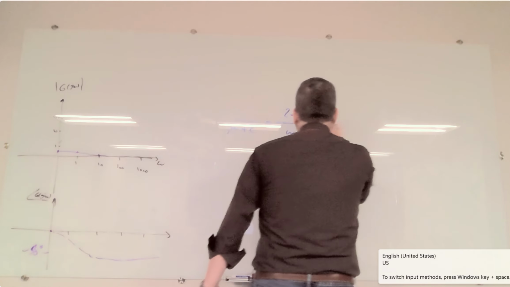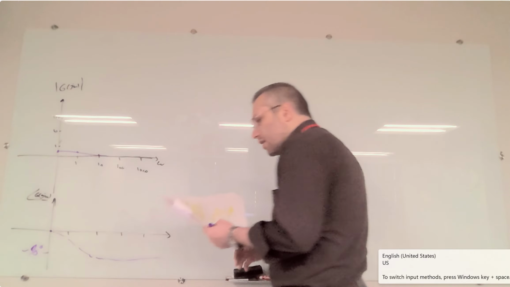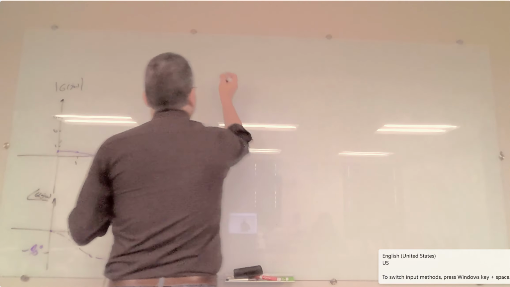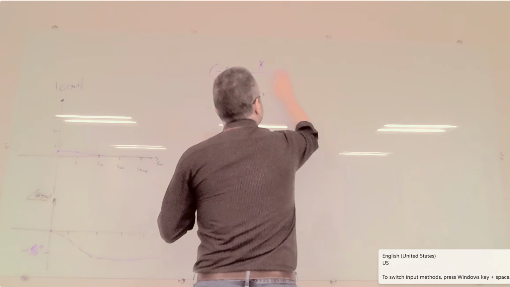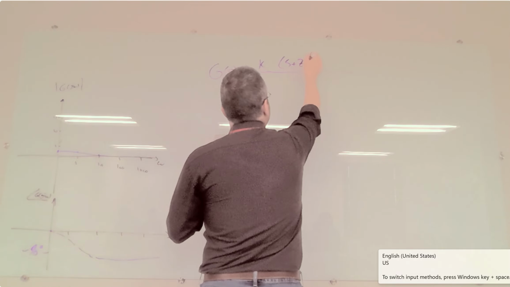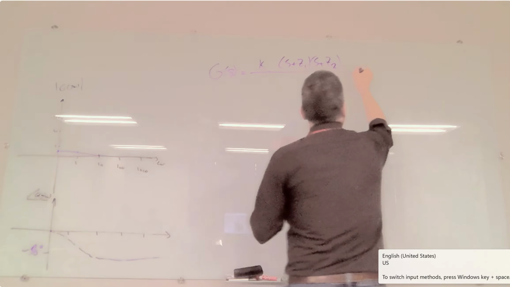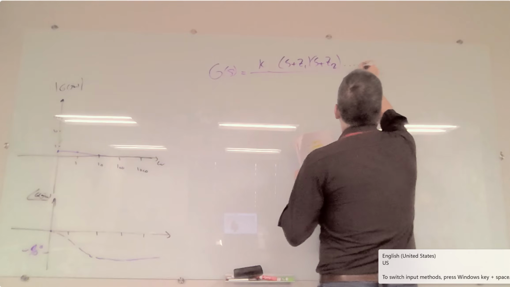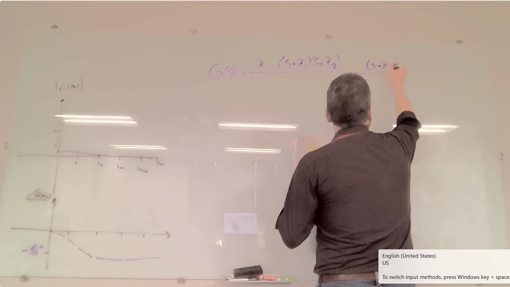The logarithmic one makes things a lot easier. Let's say we have a complex transfer function. Generally, G of s is: I have a K, I have a zero here, another zero, z2, and I can have as many as I want, all the way to zero m.